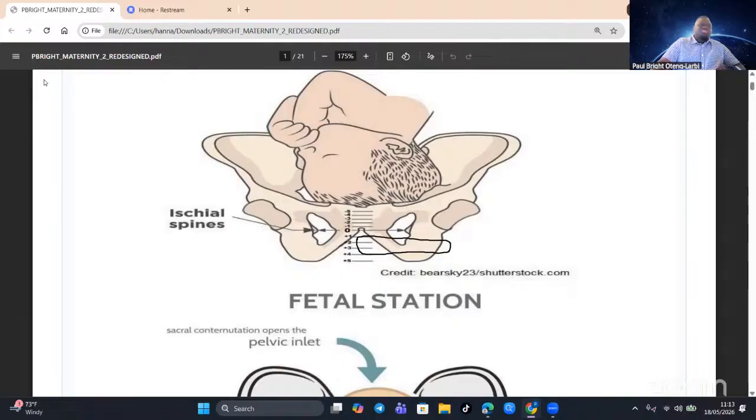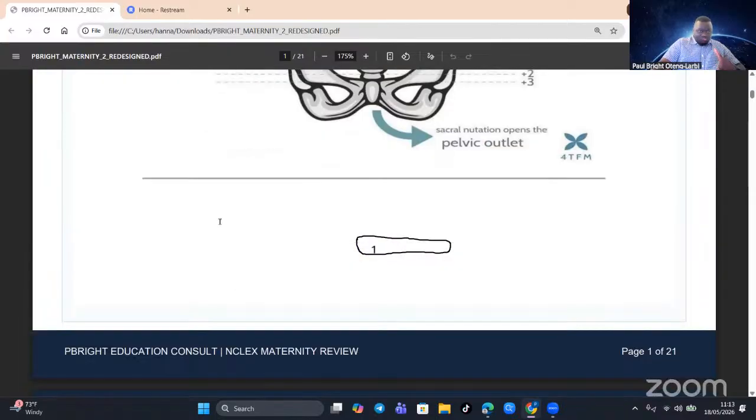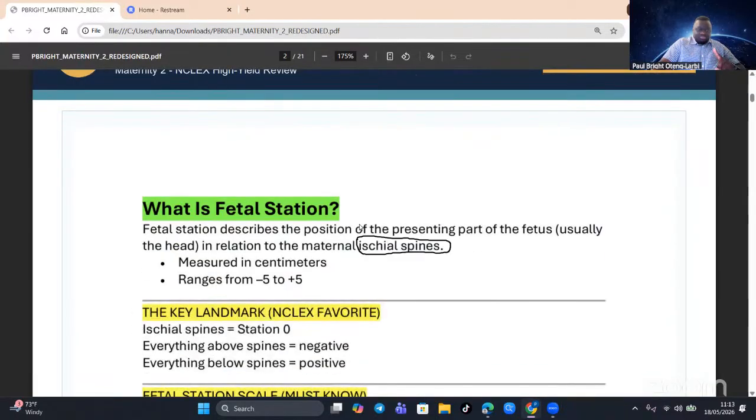So the presenting part of the baby. Let's read the definition well, because a lot of people get it wrong. Fetal station describes the position of the presenting part of the fetus. That's the key word: the presenting part of the fetus.